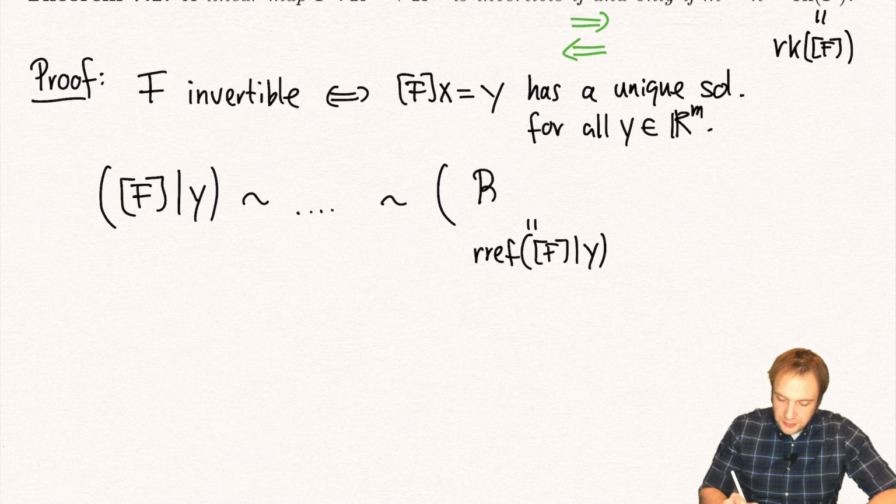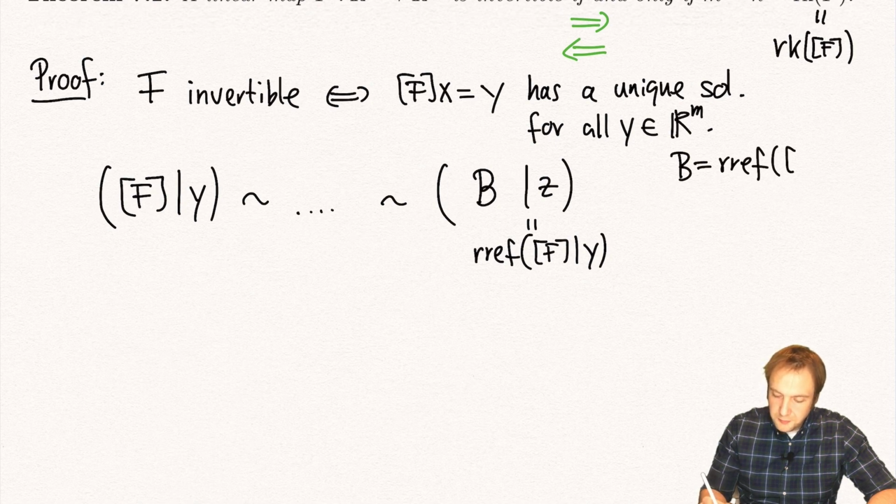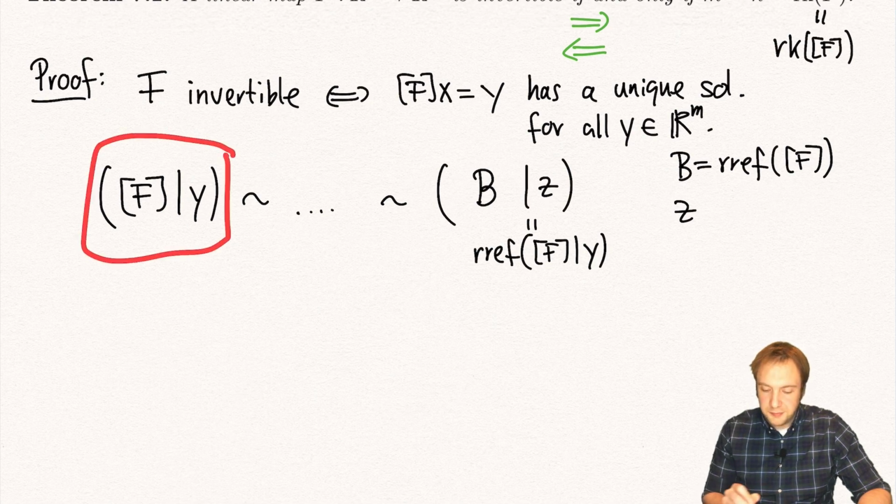So on the left hand side we will have some b, which is the row reduced echelon form of this f, and here the last column will be some vector z. So this b is the row reduced echelon form of the matrix of f, and this z will depend on this y, but we want to solve this linear system for all y's.